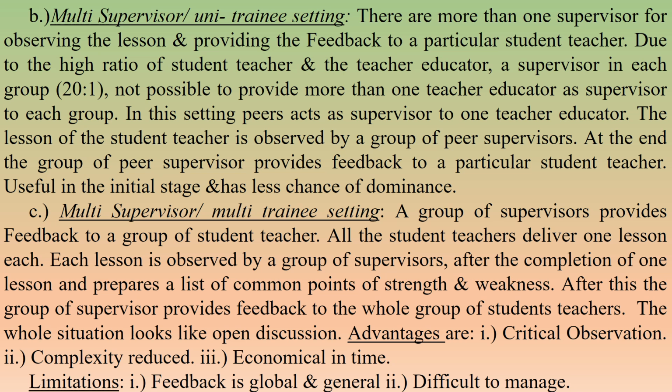After this, the group of supervisors provides feedback to the whole group of student teachers. The whole situation looks like an open discussion. The advantages of this type of feedback setting are critical observation, reduced complexity, and economy in time. But this type of setting has some limitations also, like feedback is global and general, and it is difficult to manage.